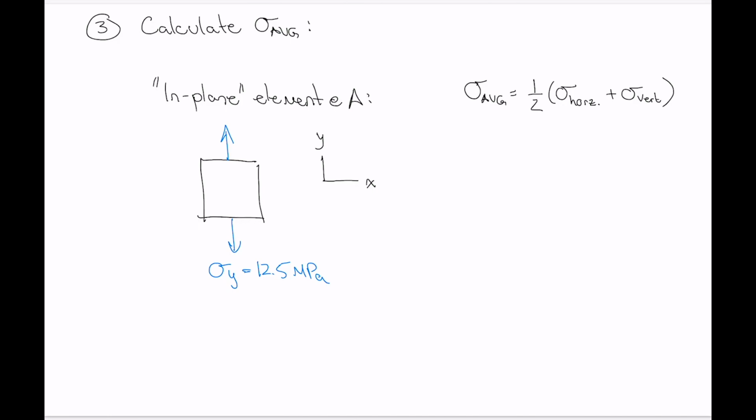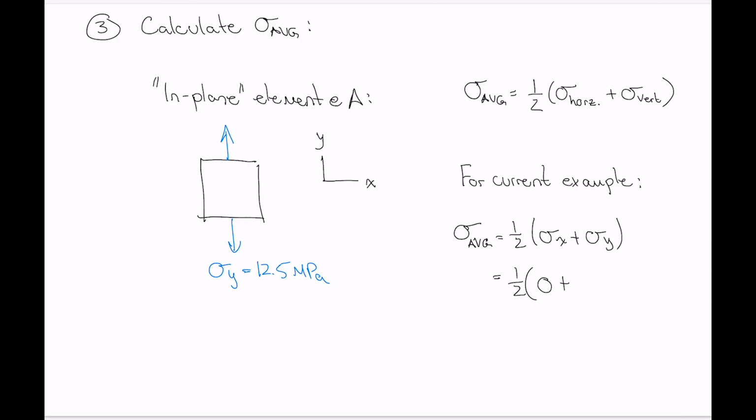So for the current example, what we've got is sigma average is 1/2 (sigma x plus sigma y). Now the stress in the x direction is 0, and the stress in the y direction is 12.5, and it's a tensile stress, so it's positive, right?